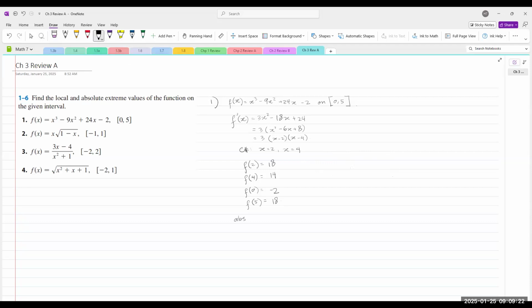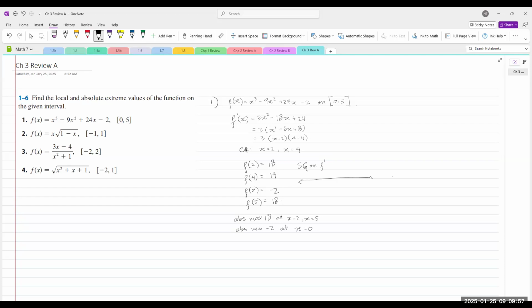Absolute max is 18 at x equals 2 and x equals 5. Now, absolute minimum is negative 2, I'm sorry, at x equals 0, which is the endpoint, right? But to know the local max and local min, what you can do is create the sign graph of the first derivative, okay?